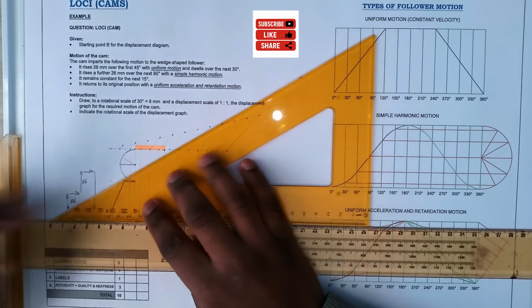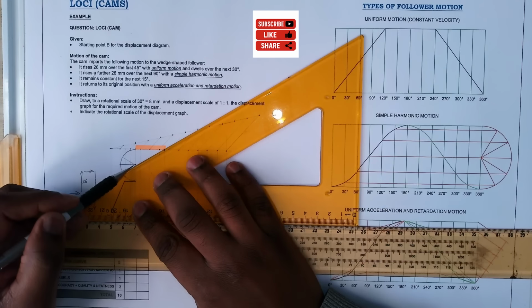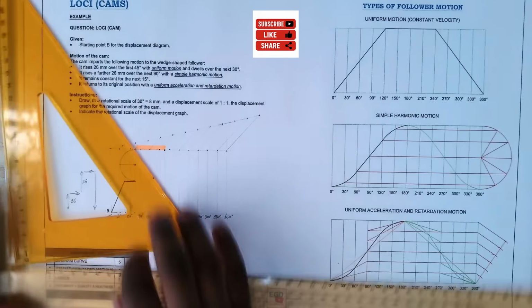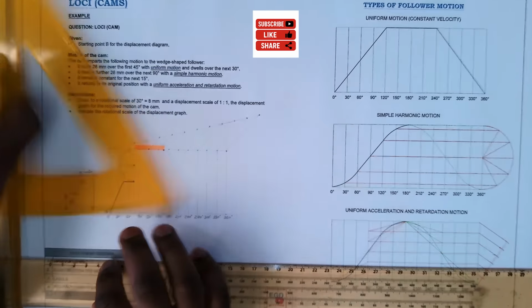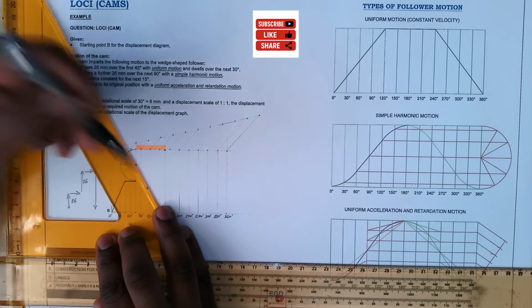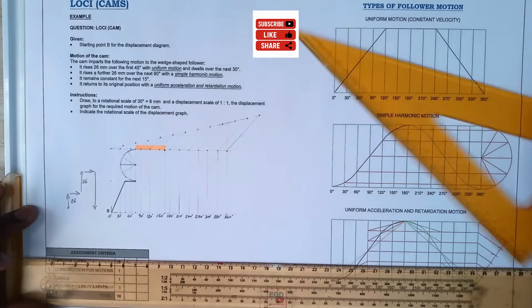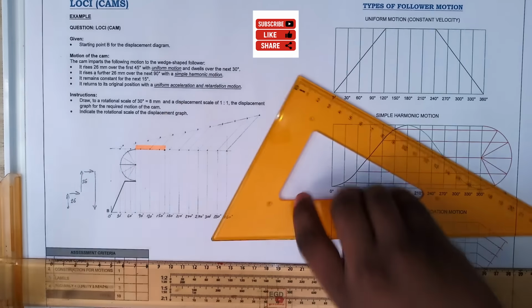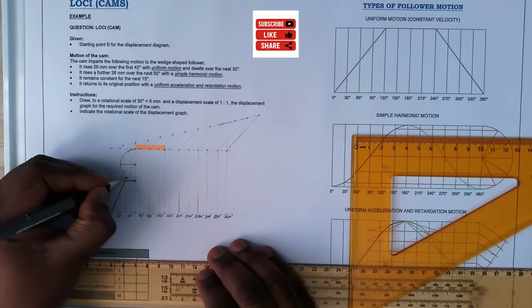Remember, all these lines are light construction. They might be dark right now, because obviously I just want you to see the constructions. So just divide the semicircle quickly, like that. Okay, so obviously I have those points here.